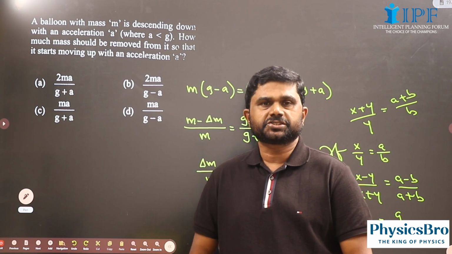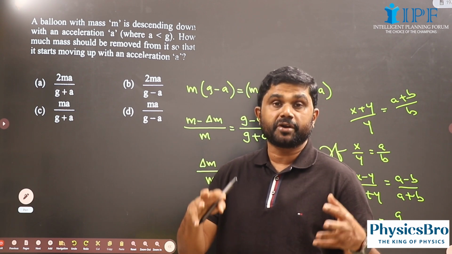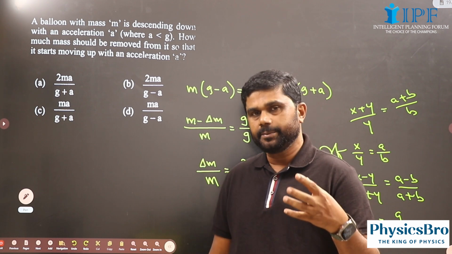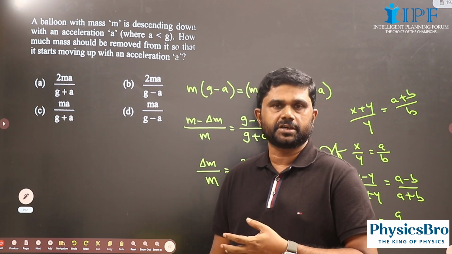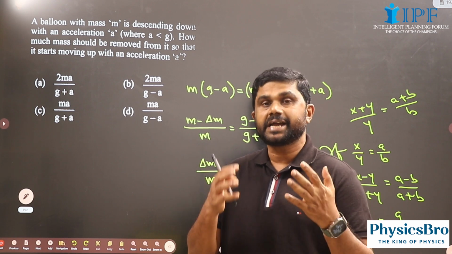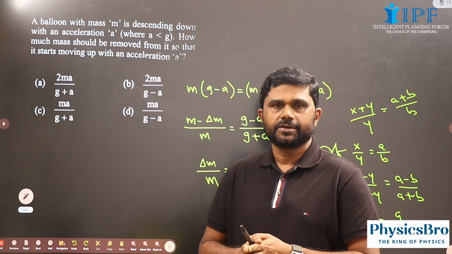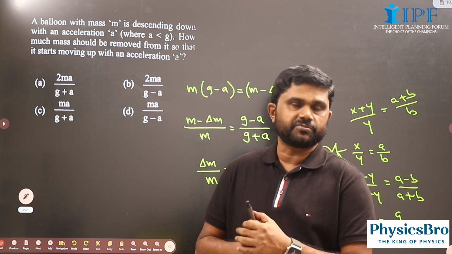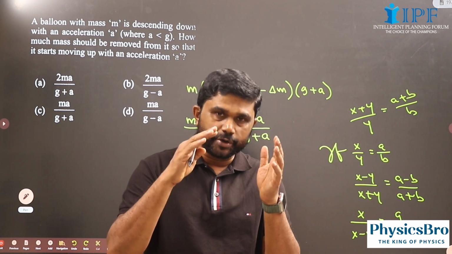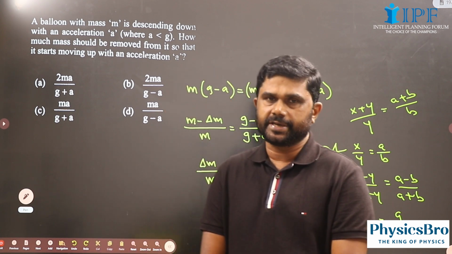Okay, children, now we have another question based on a wonderful concept. When we keep a body on the floor of a lift which is moving in vertical direction, then its apparent weight will be m into g plus a when the lift accelerates upwards, and m into g minus a when the lift is going down with an acceleration a.